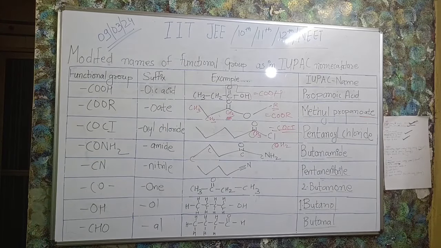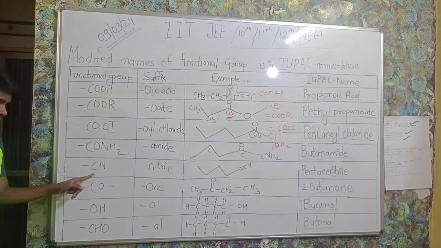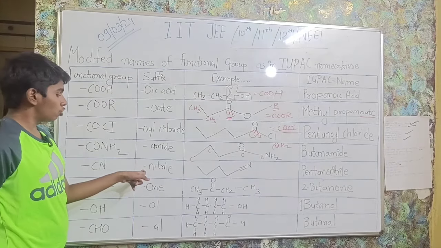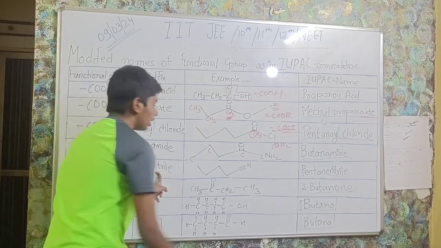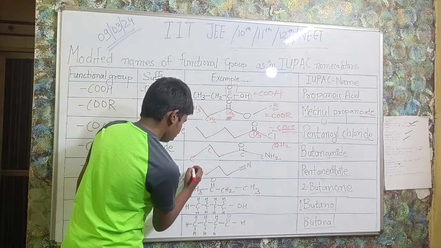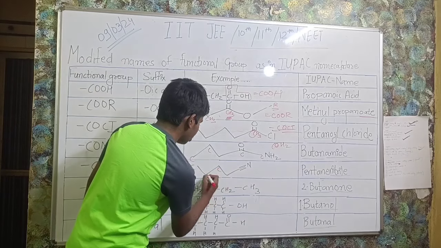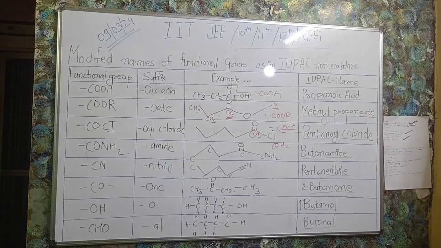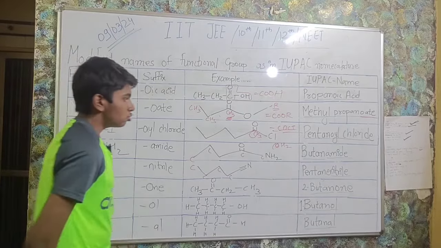Next is CN, the functional group nitrile. Here, first you name the carbon atoms.